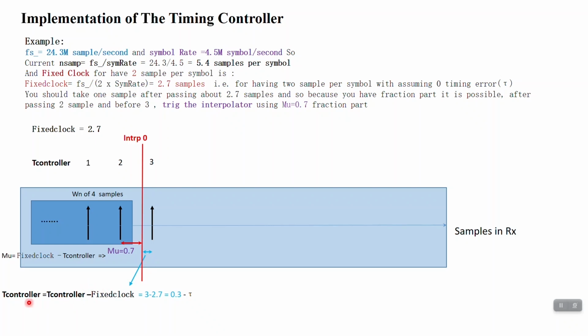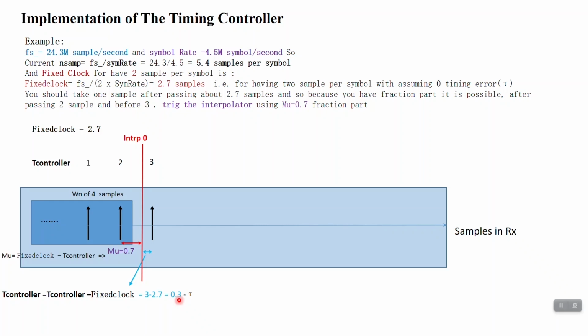So the T controller value after this moment is updated by subtracting the fixed lag from the T controller of the first sample. You can update the T controller after this moment. By subtracting 3 from 2.7, it's about 0.3.